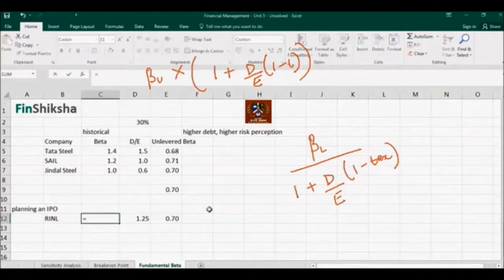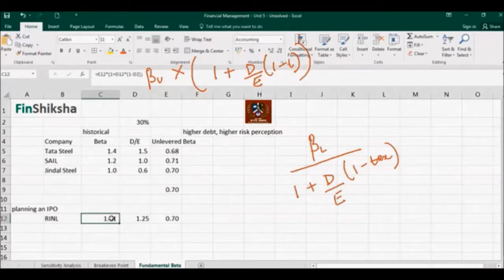We will take the unlevered beta and multiply with 1 plus the debt equity ratio multiplied with 1 minus the tax rate. Correct? And that comes as 1.31. Correct?